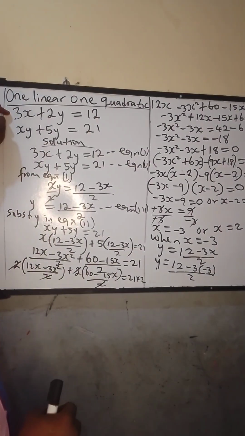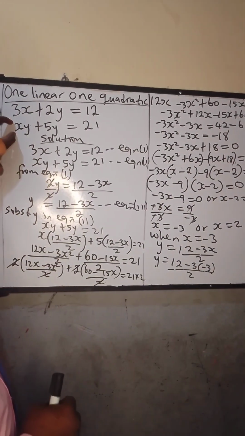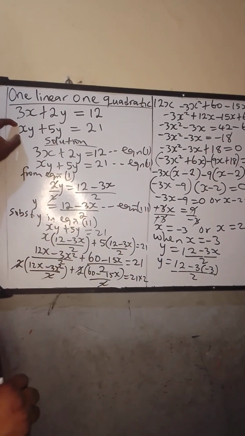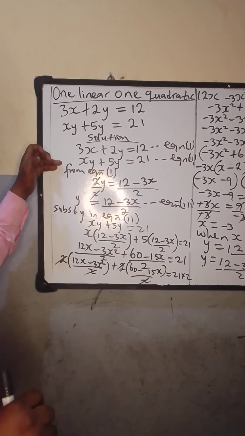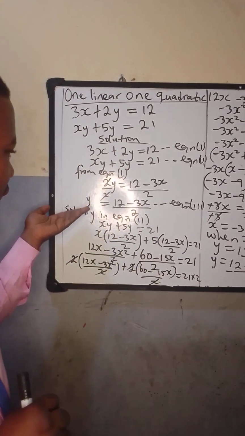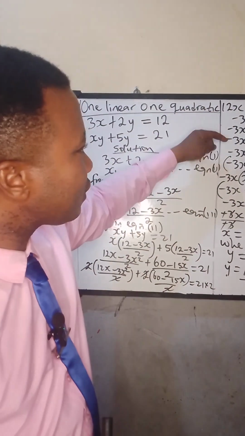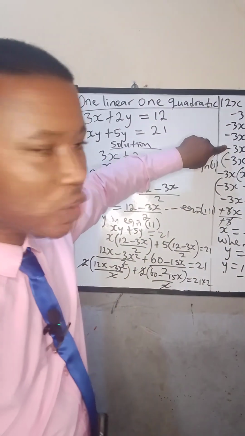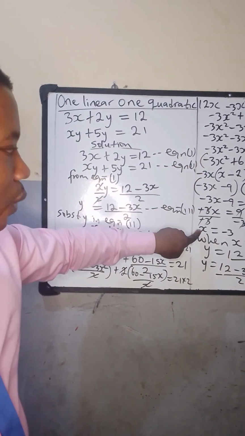We started from here. We say it's one linear, one quadratic, but because this one is not a quadratic equation yet, we try to make it a quadratic equation, which we are able to do from equation 1. We take it down. After everything, we work it out, and it now gives us a quadratic equation from here. Then from here we try to get our x, which we did.